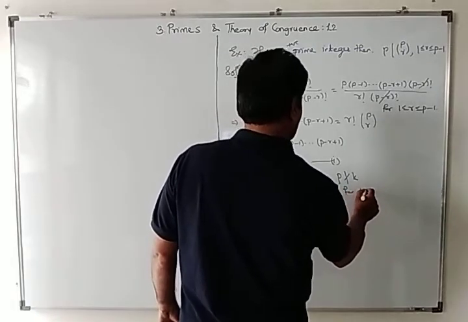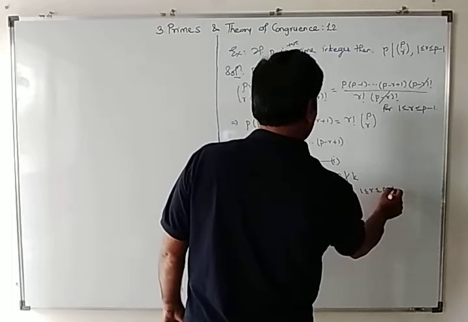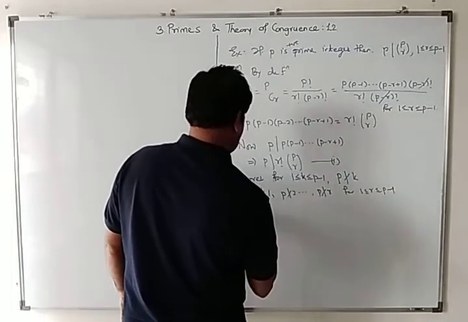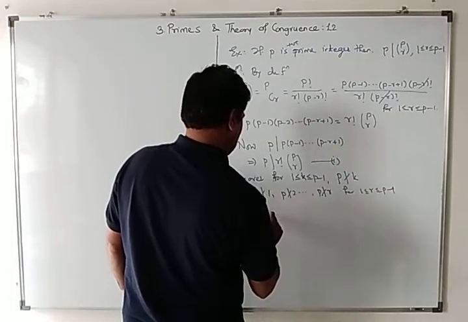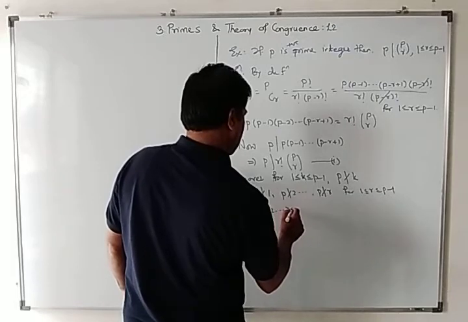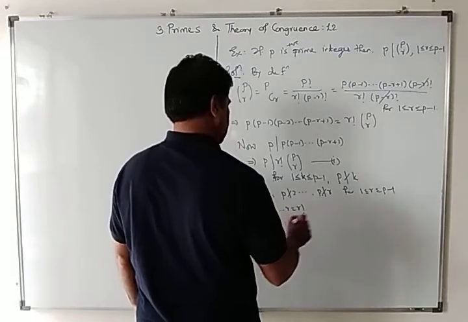For 1 ≤ r ≤ p − 1, this implies p doesn't divide 1 into 2 into up to r, which is equal to r factorial.